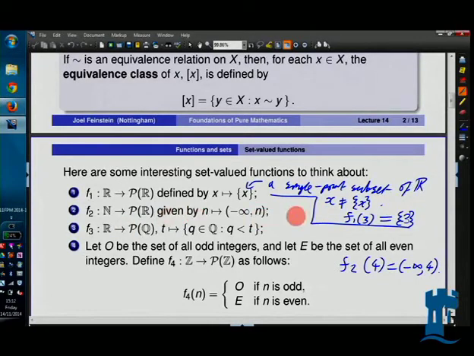And here are some. For each real number t, you take the set of rational numbers which is strictly less than that real number. So it's slightly different from the one before. f3 of root 2 is equal to Q intersected with the interval from minus infinity up to root 2.